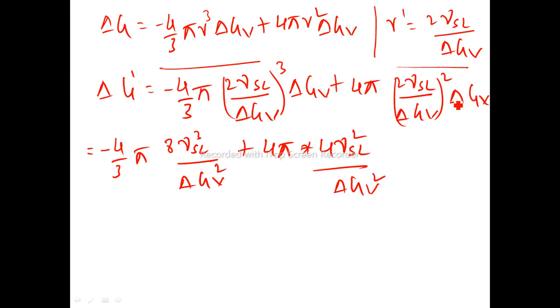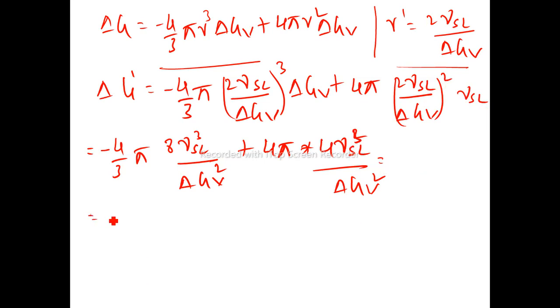This is not delta GV, sorry, this is interfacial, the right one is gamma SL. Okay, this gamma SL will become cube.